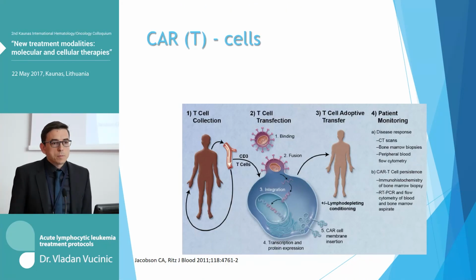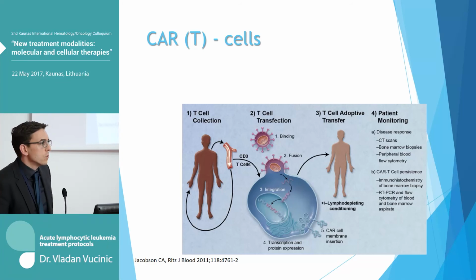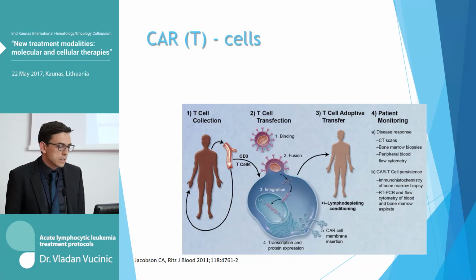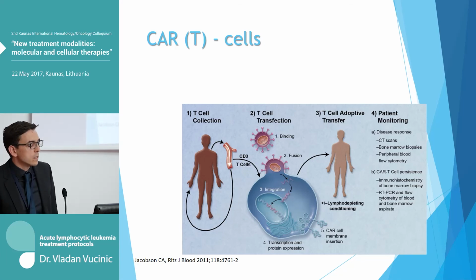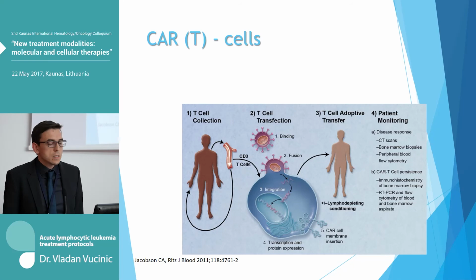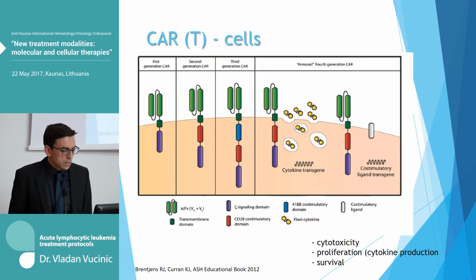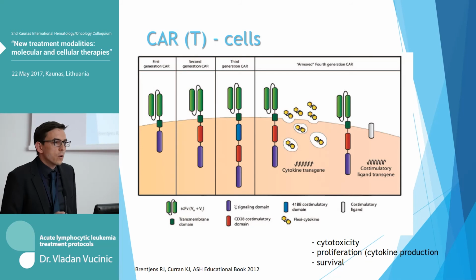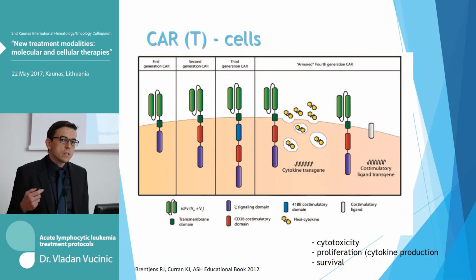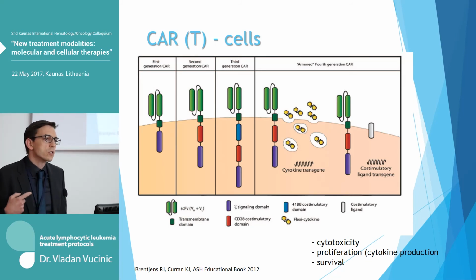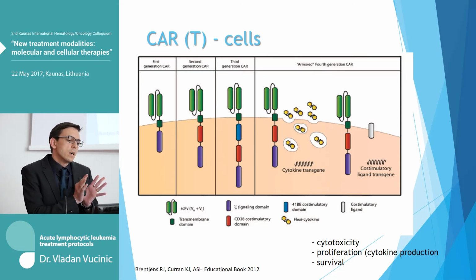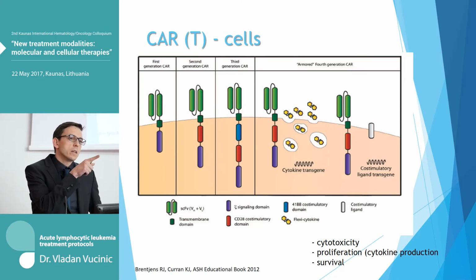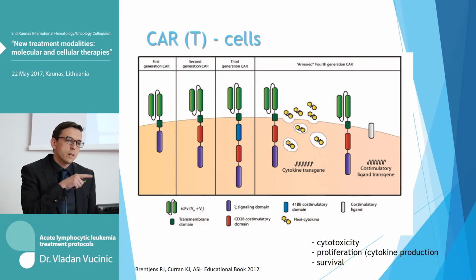When we are talking about relapse strategies, I think it's necessary to dedicate only a few words to the CAR T cells. CAR T cells are chimeric antigen receptor T cells, which look like this. With genetic engineering, with gene transduction, you can generate a T cell with the T receptor, with the recognizing part of the receptor actually belonging to the B cell.